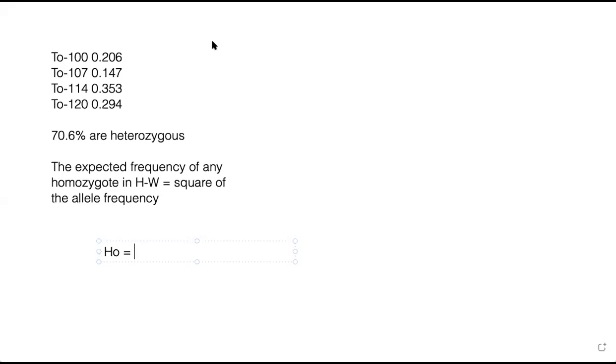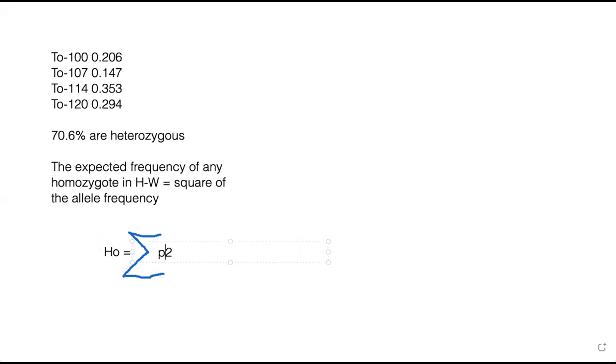What that is equal to is simply the sum, remember using sigmas for a sum, of the squares of the allele frequencies.